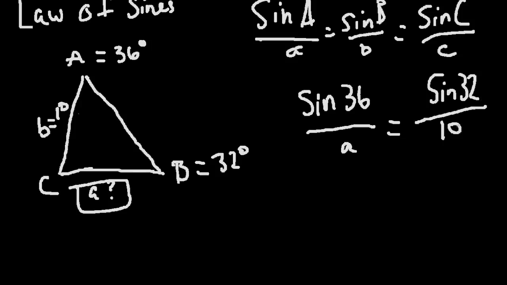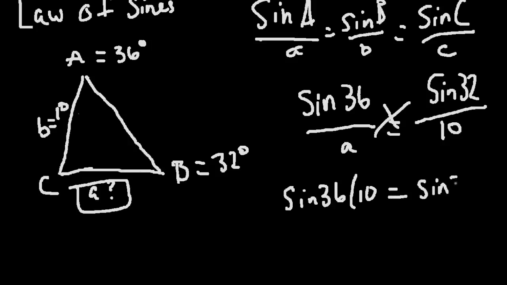If you remember, we cross multiply to simplify and find our answer. So it'll be sine of 36 times 10 equals sine of 32 times a, and we will divide this by sine of 32.